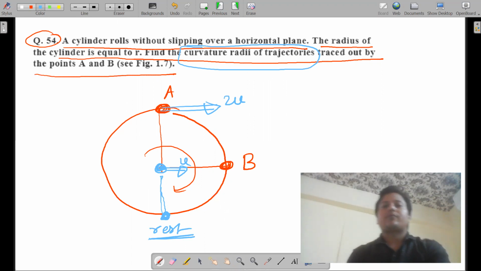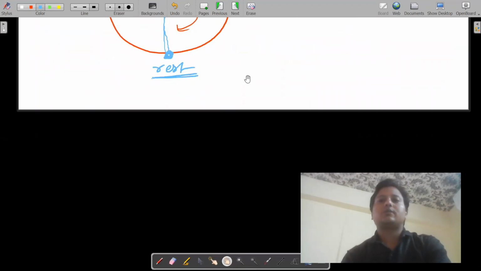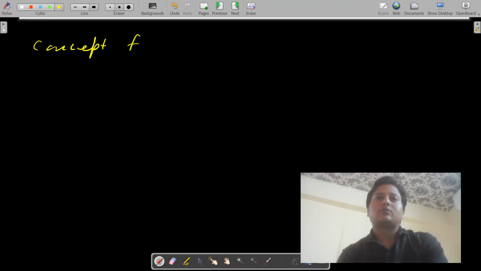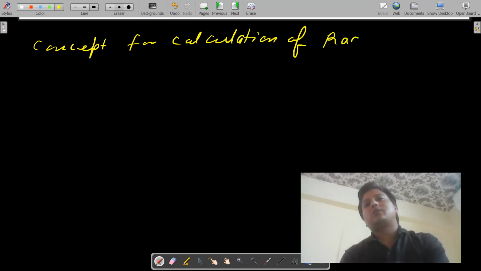What is the concept for the calculation of the radius of curvature or radius of trajectory?